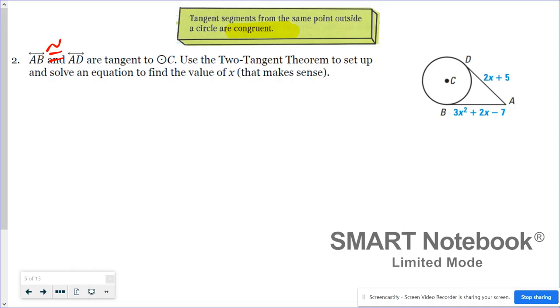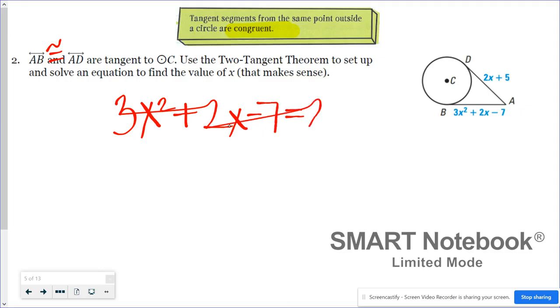So I can create an equation showing that their measures are equal to each other. So I'll have 3x squared plus 2x minus 7 equals 2x plus 5.